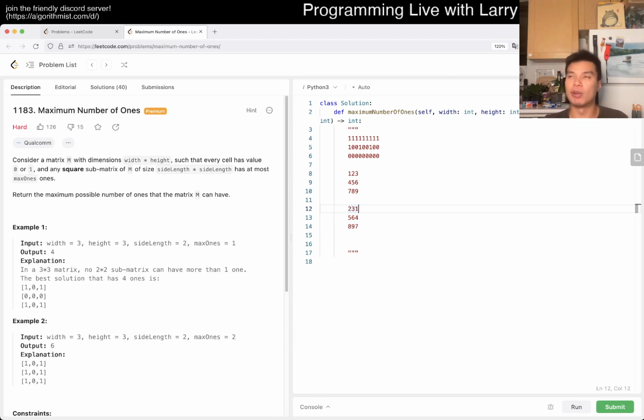It might not be maximal. The maximal comes from figuring out how to do the leftovers, and there are two ways to do the leftovers. Let's say you have something like this, and maybe one more row. The other way to do it is to rotate it vertically, so in this case it would look something like this.